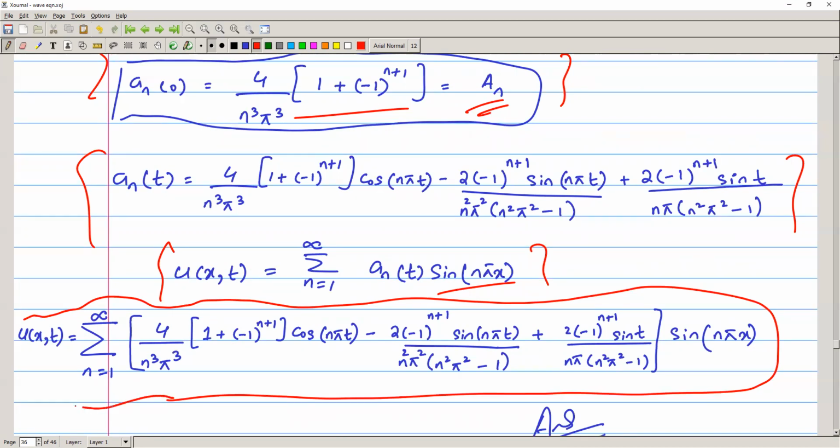So this is the method of eigenfunction expansion, a very useful method when you have a non-homogeneous wave equation with time-dependent sources, homogeneous boundary conditions, and some initial conditions. We can use this method to make the problem simpler.